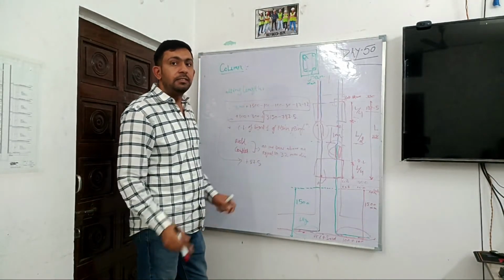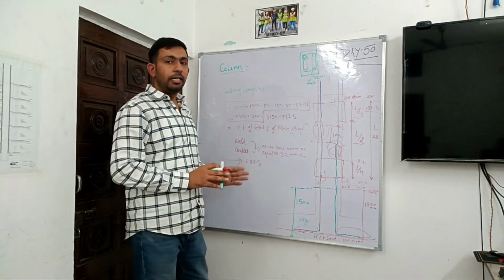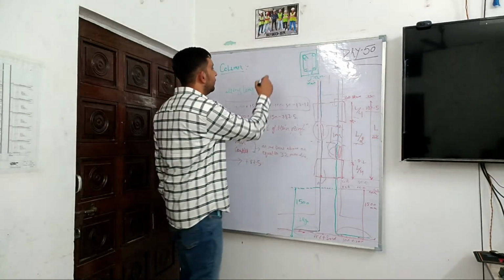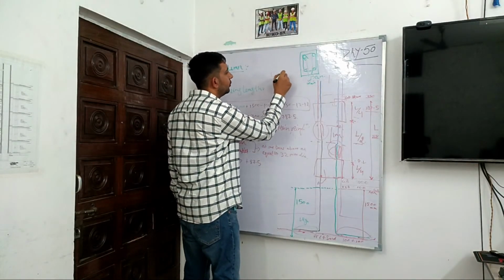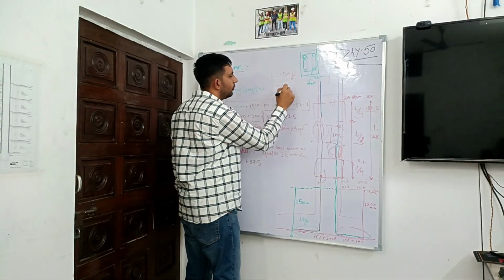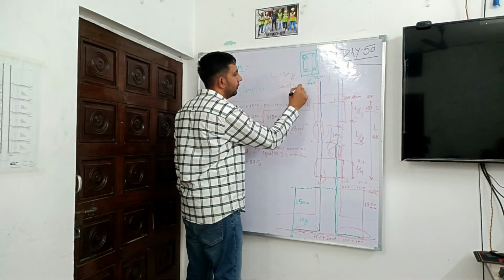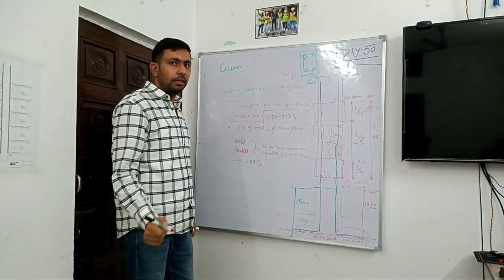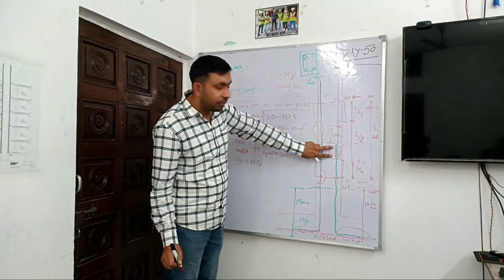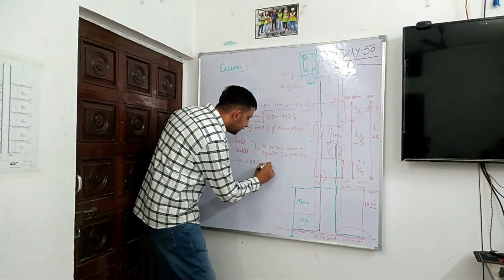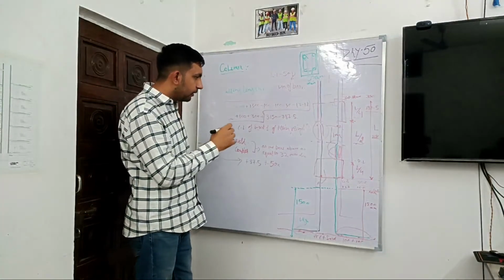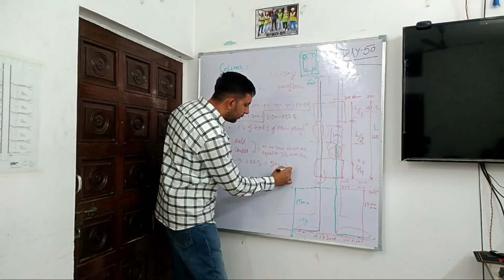What is this? This is a lap length. Generally, lap length as per the code provisions is taken as 50D. Lap length is equal to 50D, where D is the diameter of the bar which we are using. It's clear till now? Then we have to provide this 50D also, plus 50 into D. We are taking it as a 12 mm rod.